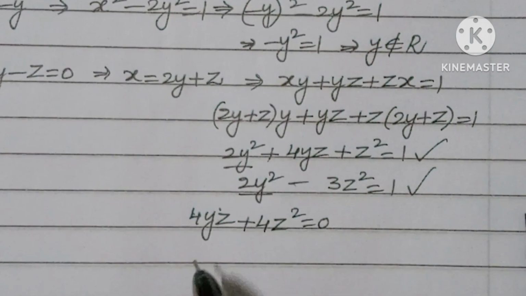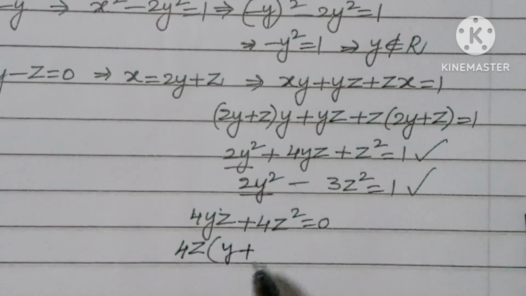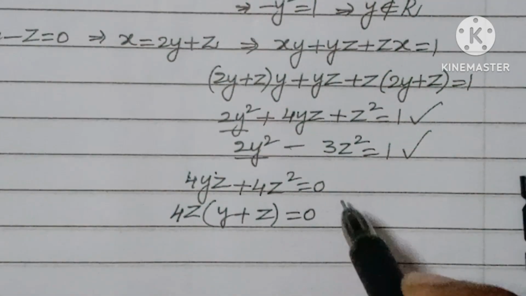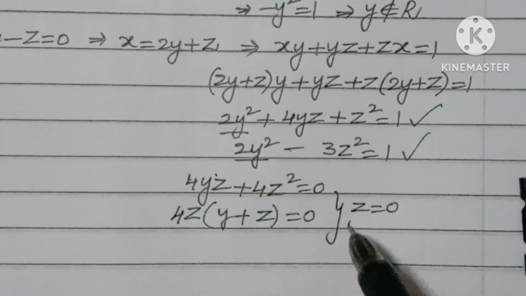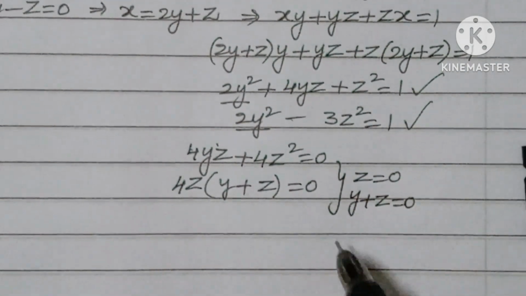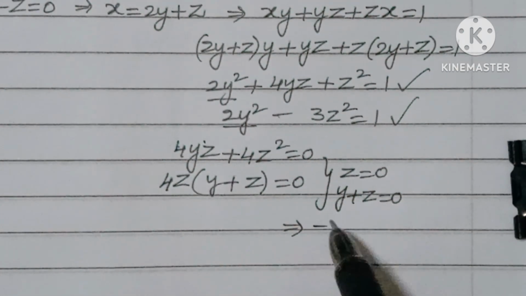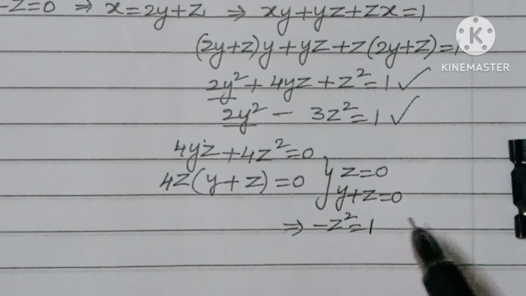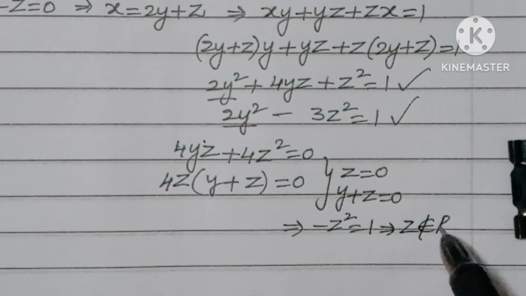From this you can take 4z common, z into y plus z equal to 0. So you will get z equal to 0 or y plus z equal to 0. So y plus z equal to 0 means minus z square is equal to 1 now. That implies z does not belong to real numbers.